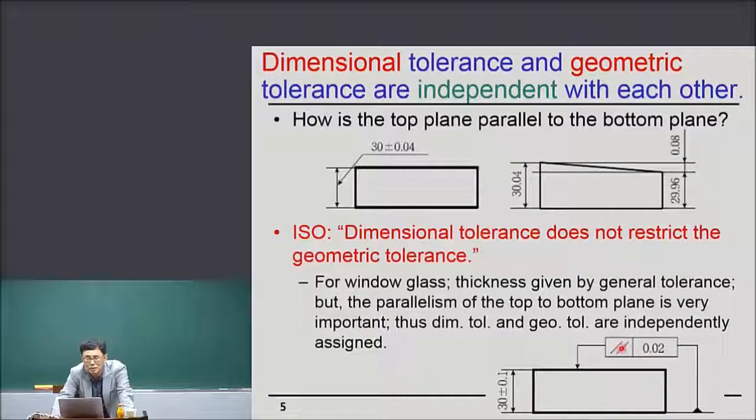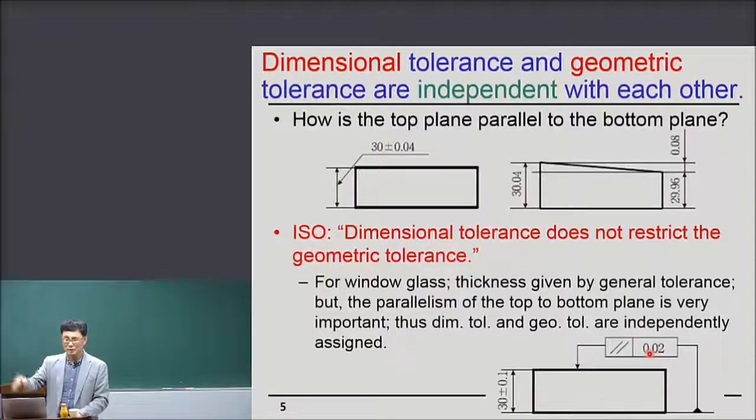According to this, based on the top plane, the parallelism of the bottom plane is assigned 0.02 millimeter, right?